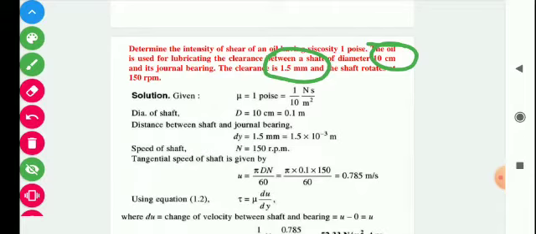So from rpm and diameter we can calculate the required speed. Now we are to solve this problem.